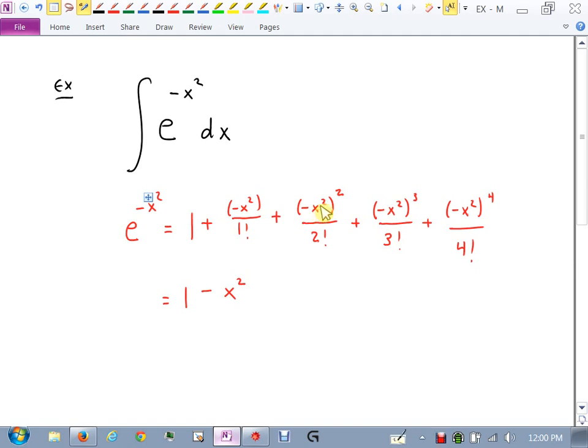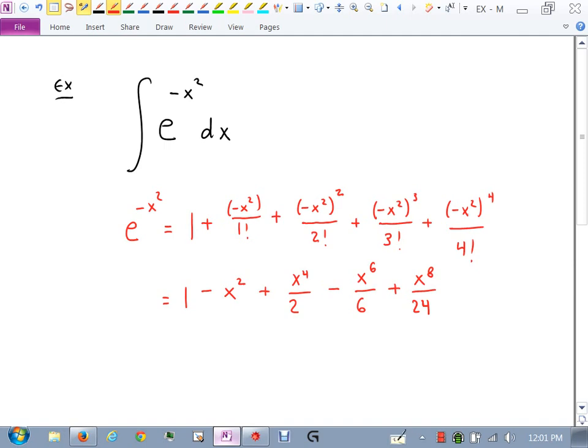You square x squared, it becomes x to the 4th. So this is going to become a plus x to the 4th over 2 factorial, right? Then the next one will be minus x to the 6th over 3 factorial, or 6. And we could leave it as 3 factorial. It doesn't matter. The next one would be another plus, right? x to the 8th over 4 factorial. 24, let's say.